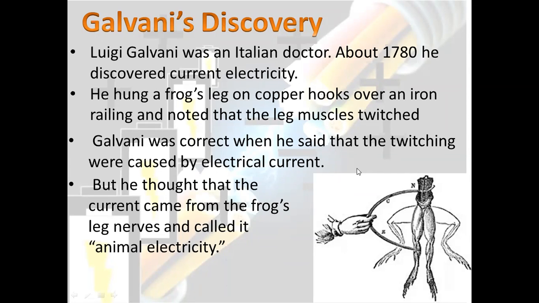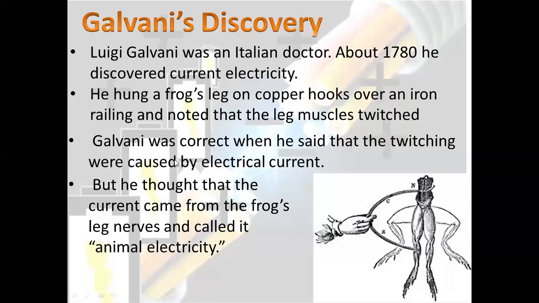All right, Luigi Galvani was an Italian doctor in 1780. What did he do? He took the frog legs and hung them up on copper hooks over an iron railing. And then he noticed that the muscles were twitching. By twitching, it means that they were moving up and down, sometimes a little slow, sometimes very fast.